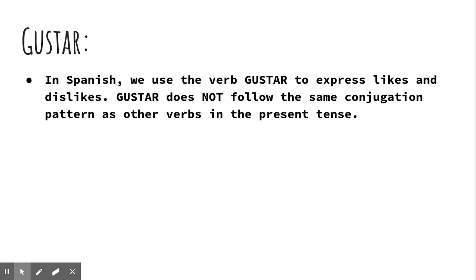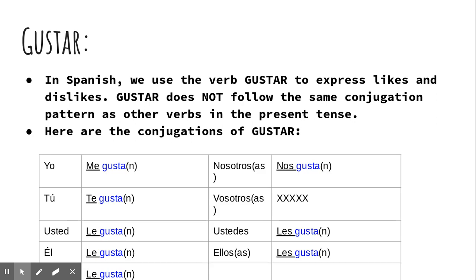It's a little bit different. Here are the conjugations of gustar. As you can see, gustar doesn't really change that much. The conjugation that we follow is gusta for all of them.